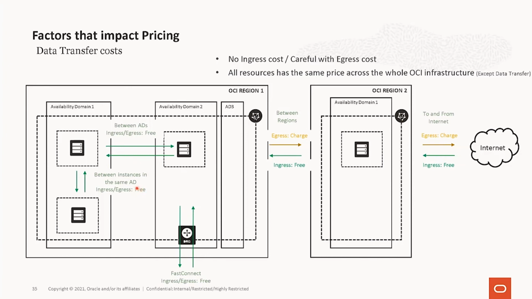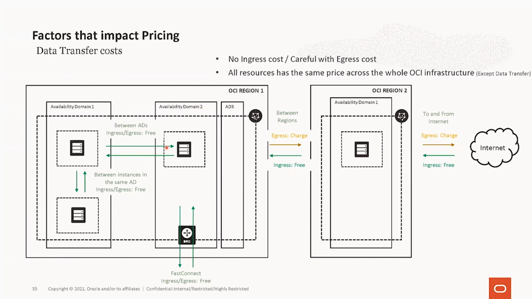If we plan to move data from availability domain 1 to availability domain 2 or 3, inside the same region, the ingress and egress traffic is also free and unlimited. It means that no charge will be applied for data transfer between resources located in availability domain 1 to availability domain 2 or 3.